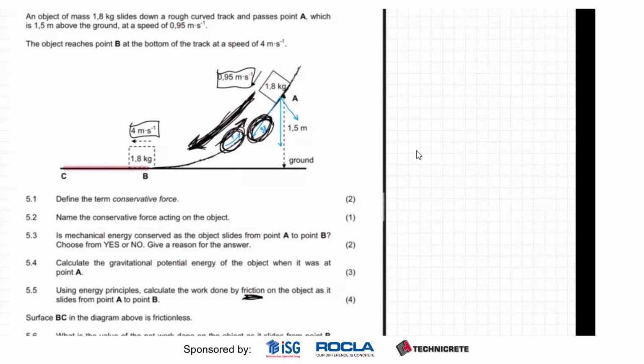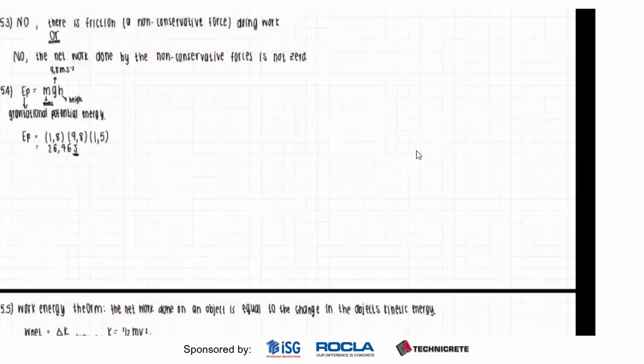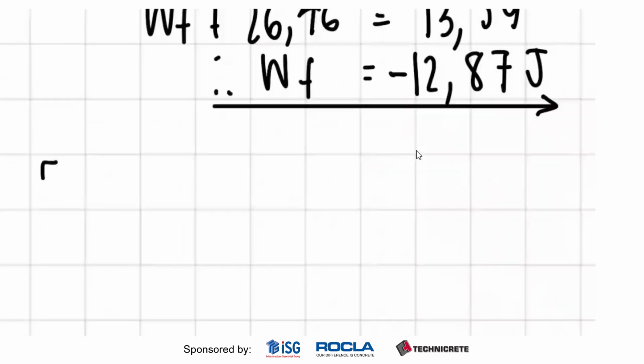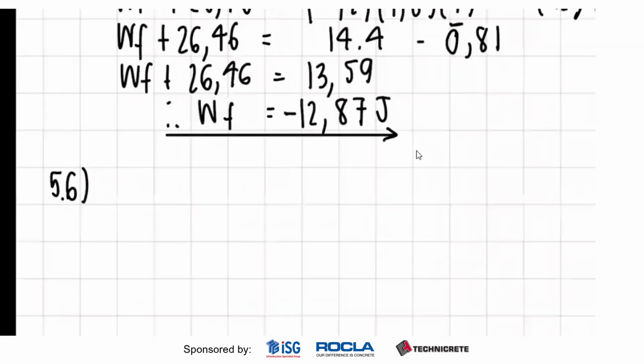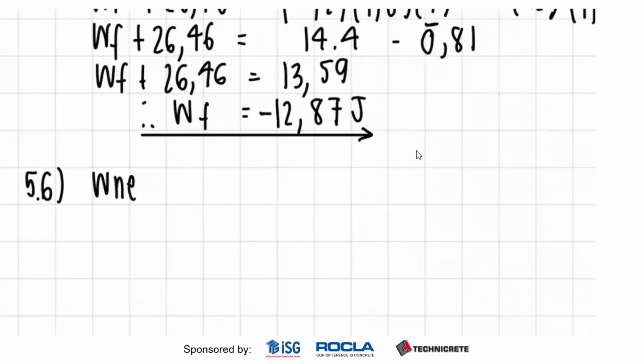What is the value of the net work done on the object as it slides from point B to point C? In the previous question, the net work was the work done by friction plus the work done by gravity.